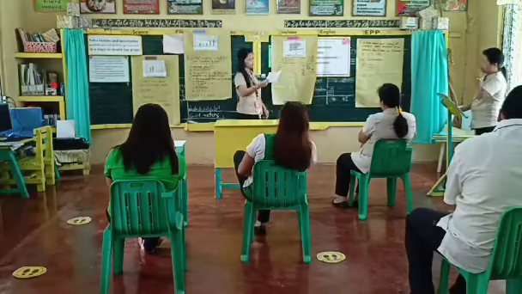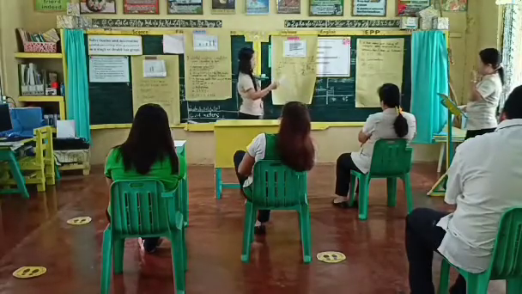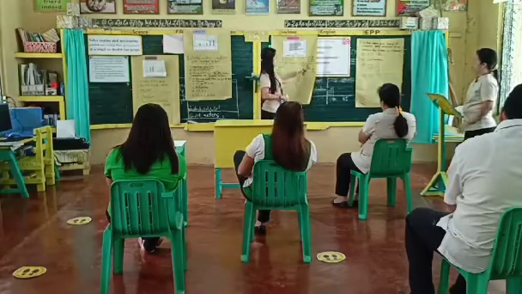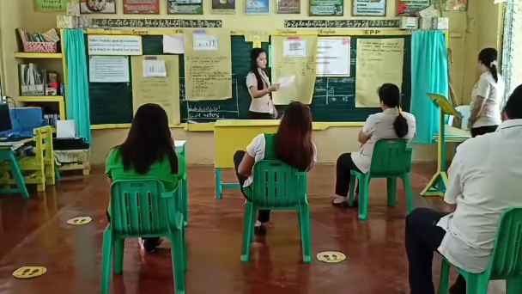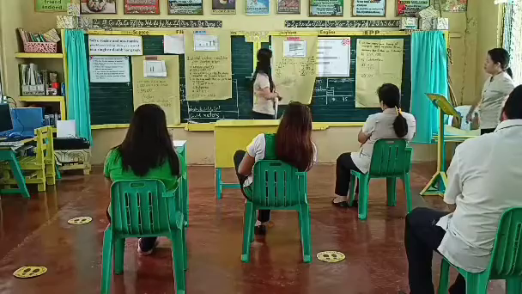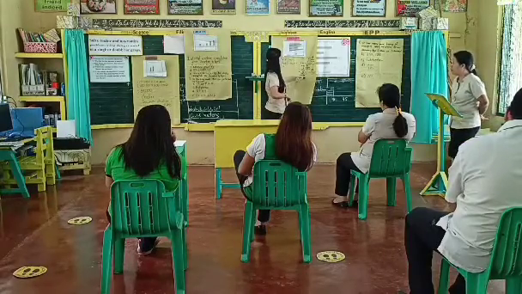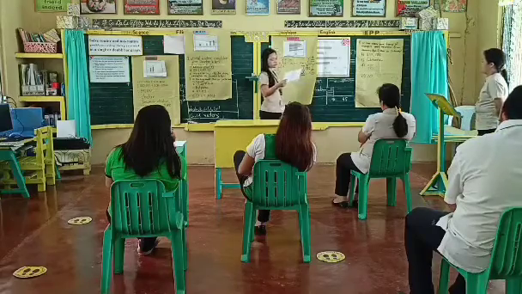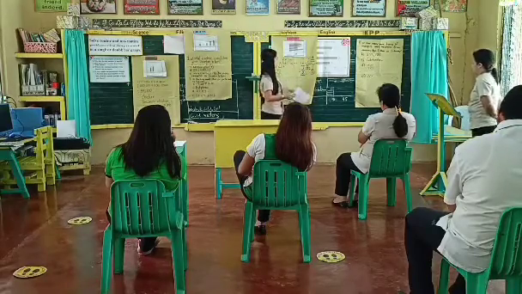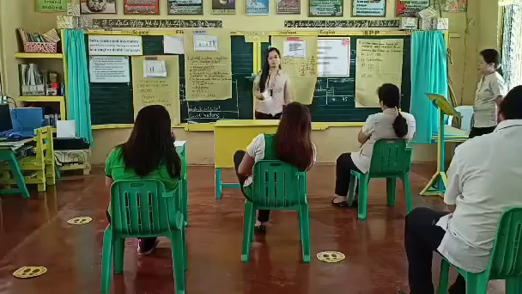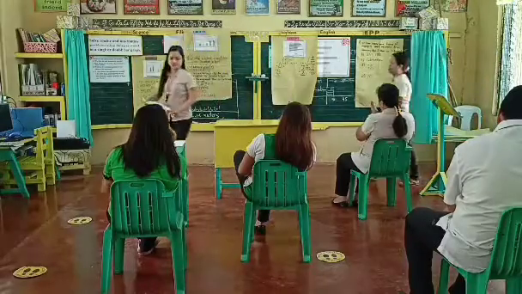Letter C, what operation will you use? We use addition. Letter D, what is the number sentence? 25 plus 20 plus 15 plus 30. Letter E, what is the complete answer? The complete answer is 90. Okay, let's give a hand to group 3.